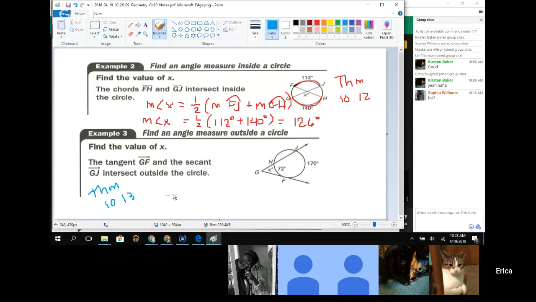Theorem 10.13 says that the measure of angle X is equal to 1/2 the measure of which arc? My bigger arc, the measure of arc JF, minus the measure of arc HF.